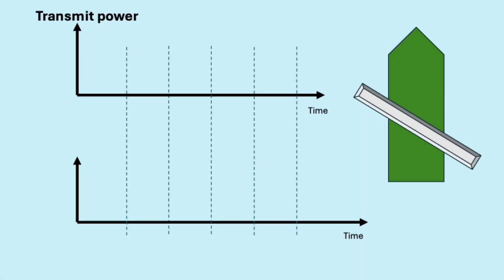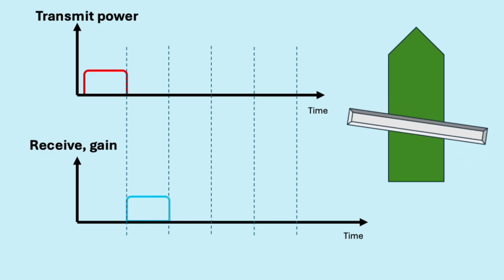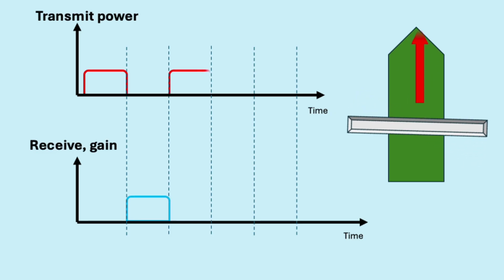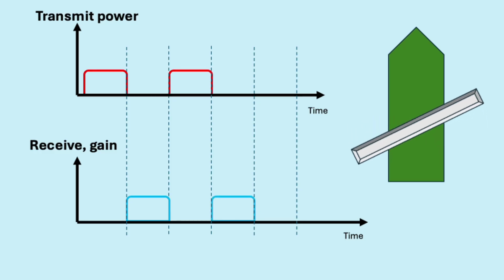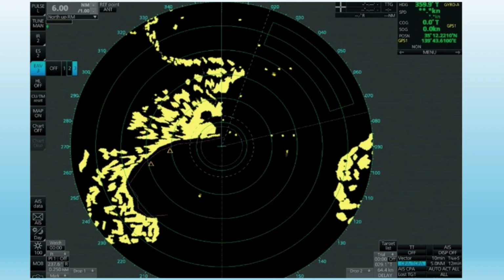While the antenna rotates through 360 degrees, the process of sending a radio wave pulse and listening for echo is repeated continuously. In real life everything happens much faster.